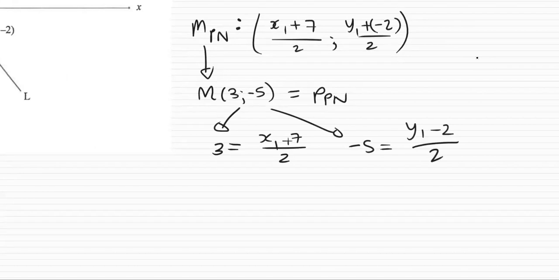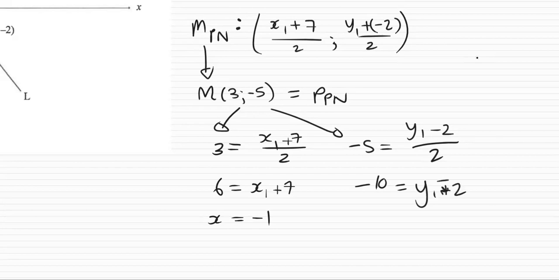A quick solving for this: times both sides by 2, 6 equals x1 plus 7, minus 7 on both sides, 6 minus 7, x1 is minus 1. Over here, times both sides by 2, we get minus 10 is equal to y1 minus 2. Plus 2 on both sides, y1 is equal to minus 8. So our final answer, point P, is (-1; -8).